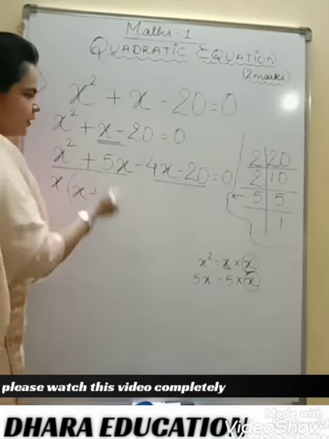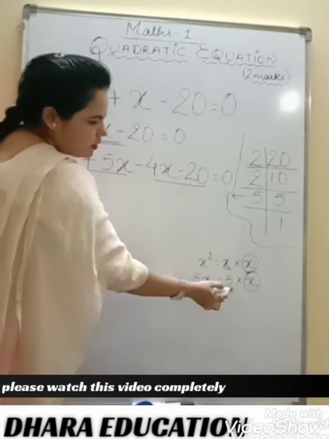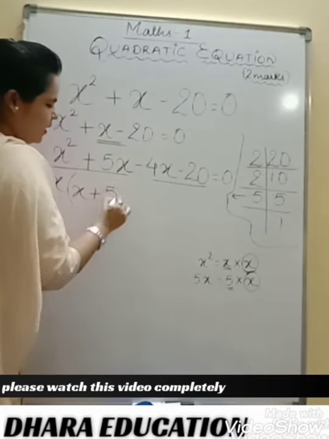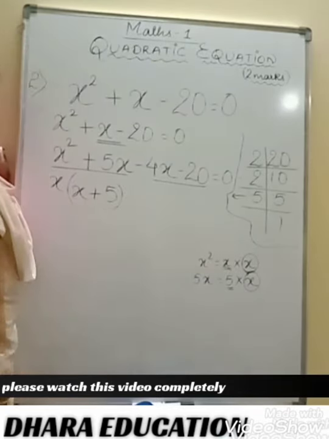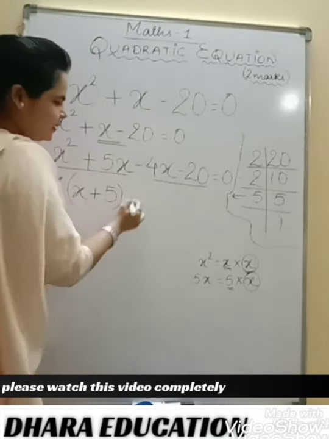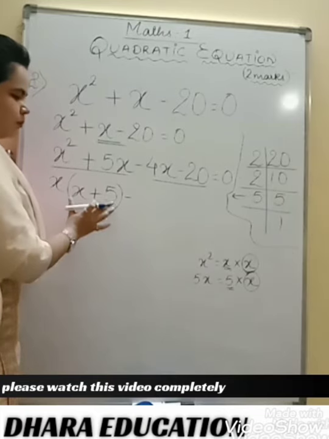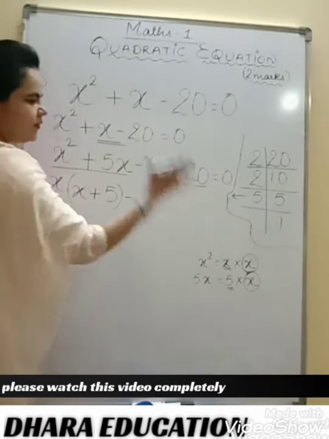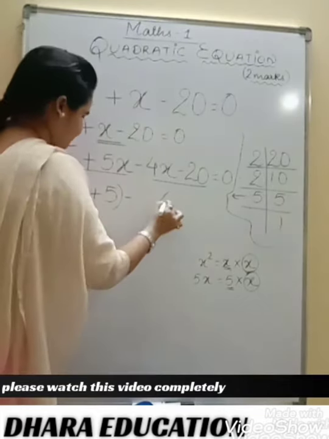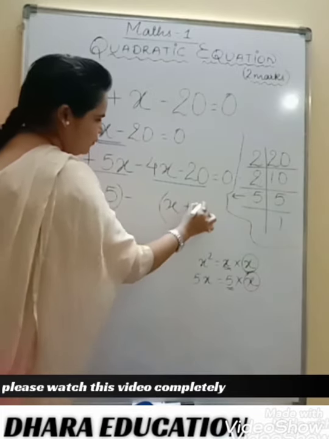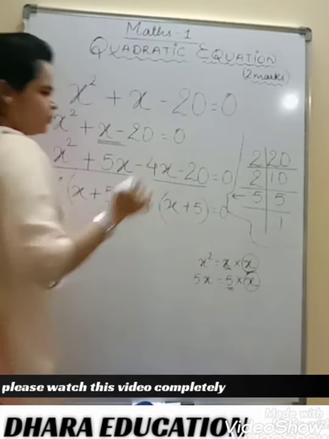And in 5x, what is remaining here? 5. So 5 we have to write here. On the other hand, we have to write minus over here, and this term particularly we have to keep as it is: x plus 5 is equal to 0.